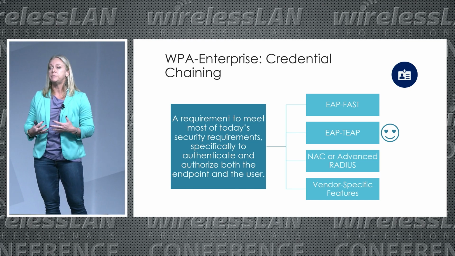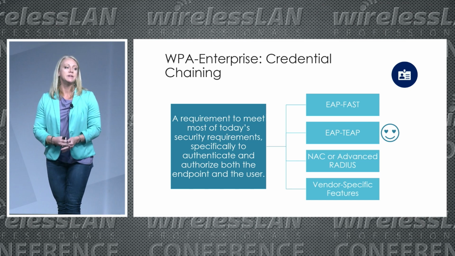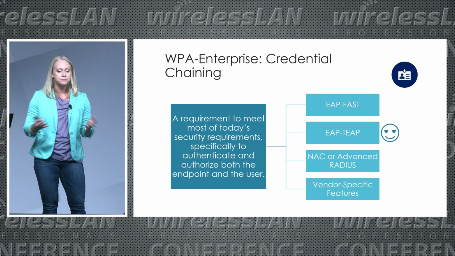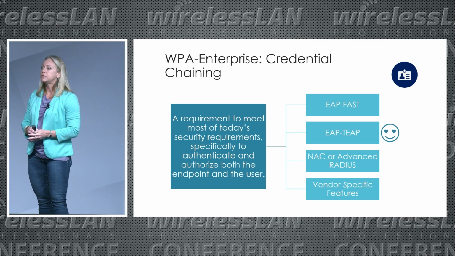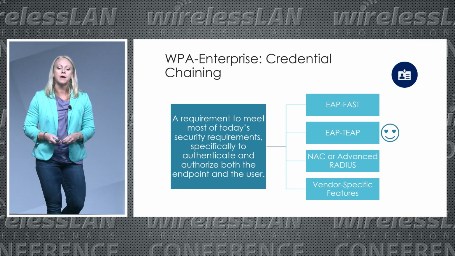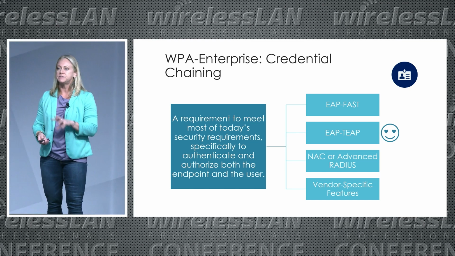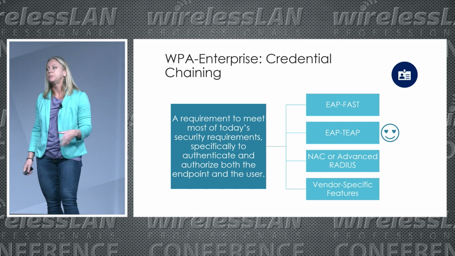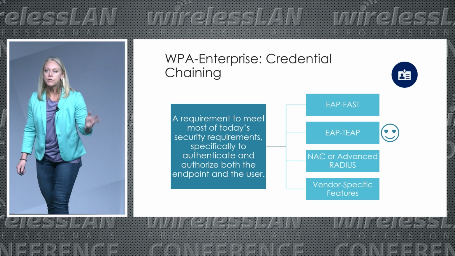I absolutely love EAP-TEAP. I'm completely sold on it and infatuated with it. It has not had wide adoption, though it's been a standard from the beginning. That is by far the most secure outer tunnel option if you have something that supports it. The other ways we can do it are with NAC or advanced RADIUS servers where we can do logic statements. So Cisco ISE, Aruba ClearPass Policy Manager, Fortinet's FortiNAC, Forescout, all of those things.